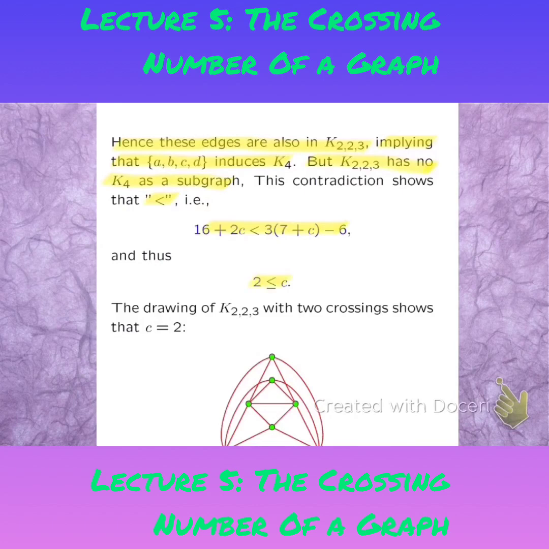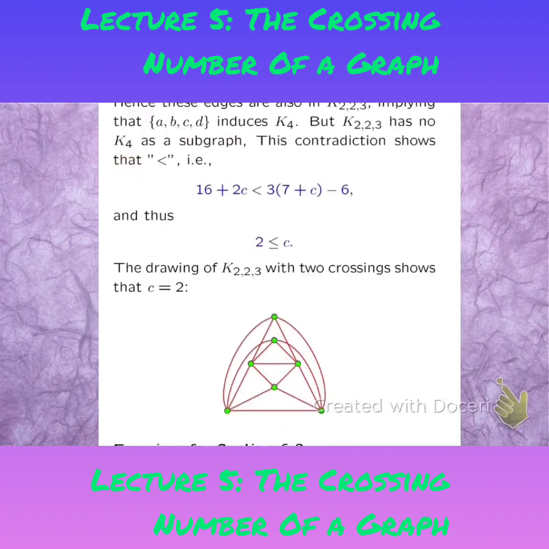So you've proved a lower bound, and the upper bound just follows from producing a drawing with 2 crossings. Producing that drawing, we see that we've got 2 crossings there, and so the crossing number of K223 is exactly equal to 2.